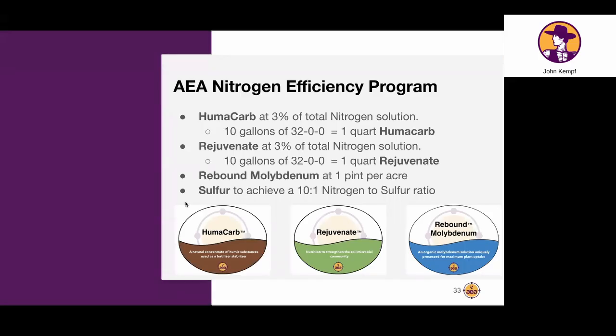So we're using humicarb at 3% of the total solution, rejuvenate at 3% of the total nitrogen solution, plus rebound molybdenum at a pint per acre, and sulfur, usually using ammonium thiosulfate, so that we achieve a 10-to-1 nitrogen to sulfur ratio for whatever source of nitrogen that we're applying.